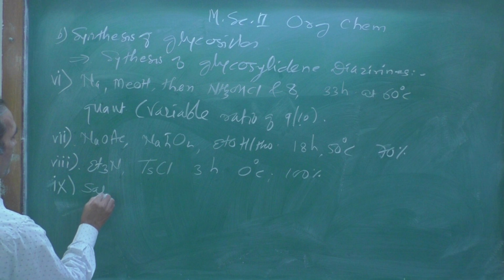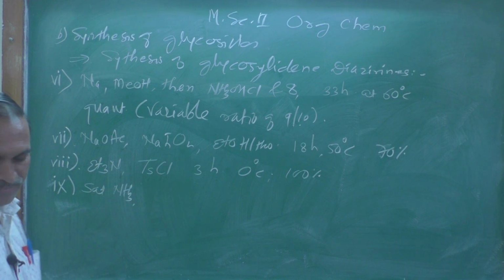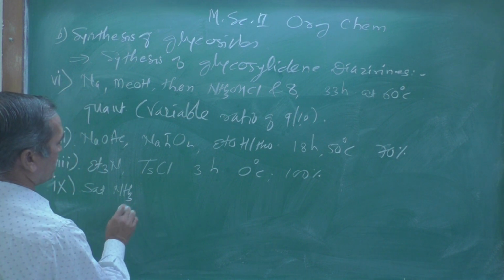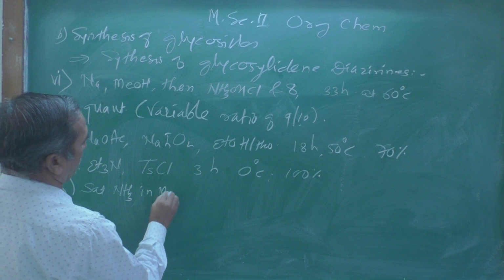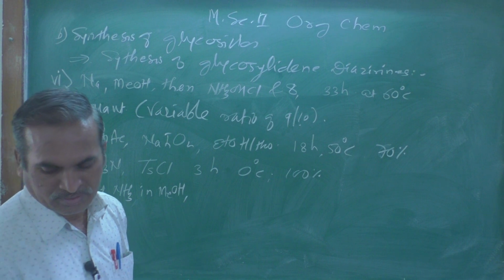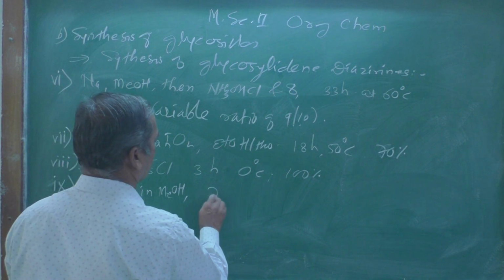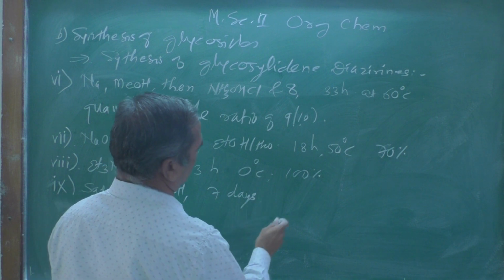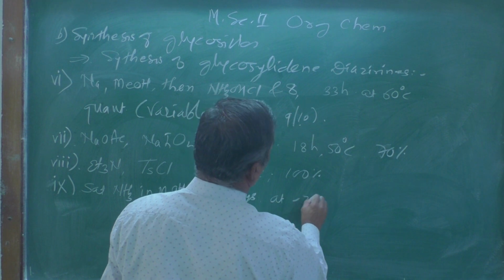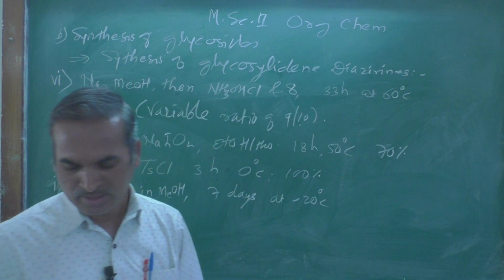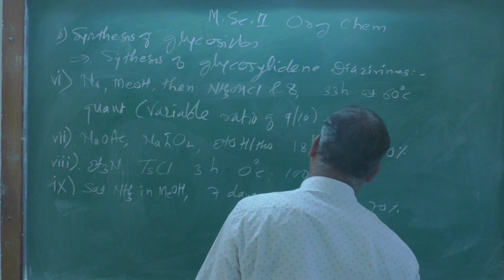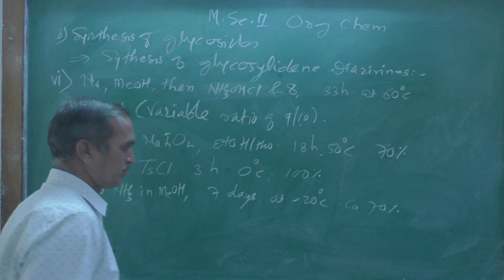That is saturated ammonia, NH3, saturated ammonia in methanol, MeOH, then it will be kept for 7 days at a temperature of minus 20 degrees centigrade, and the calculated yield obtained is once again 70%.